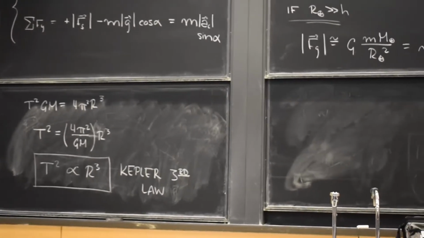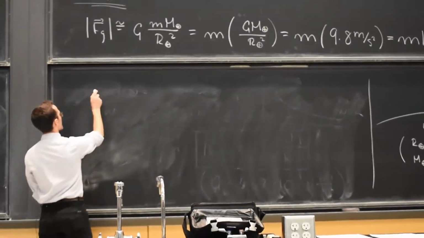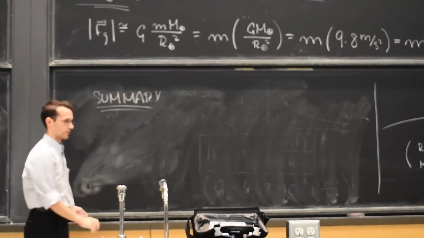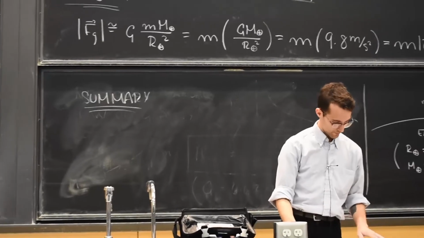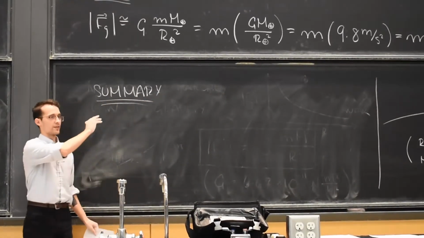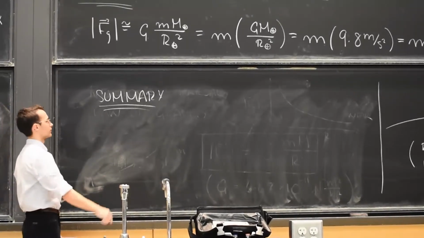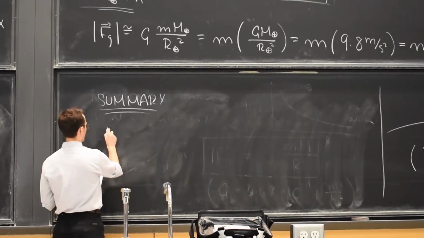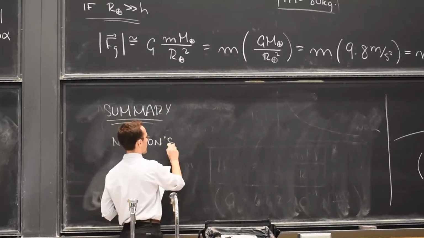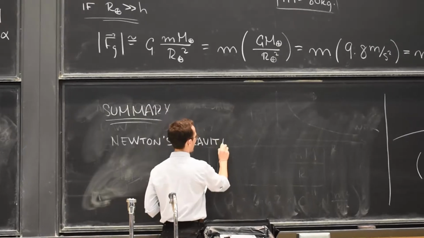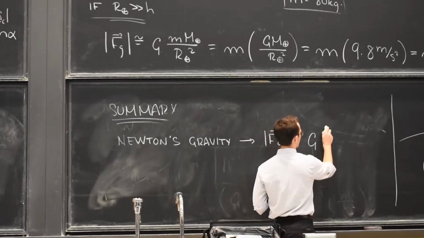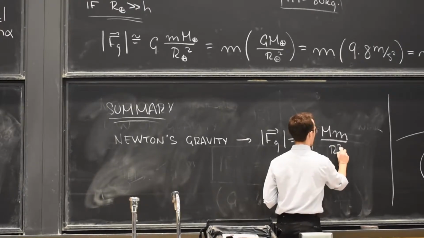So in summary, if you take anything away from this past 40 minutes, Newton's gravity has a magnitude calculated by GM over r squared.